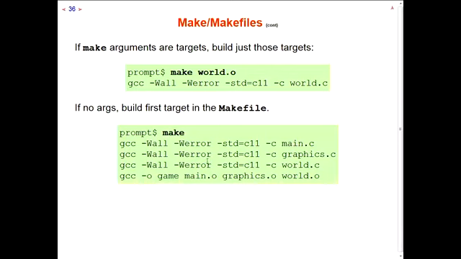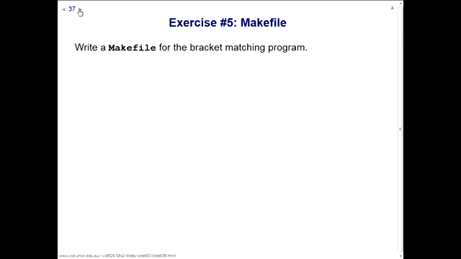And here's the same thing: if nothing has been compiled before, it would perform all the compilations necessary to produce the target, which was called game. So write a makefile for the bracket matching program. Actually, we've just done that.